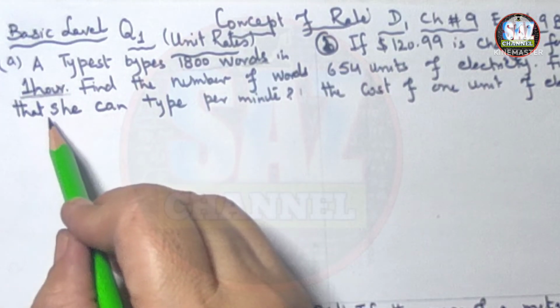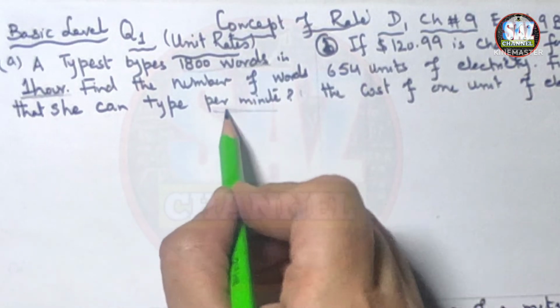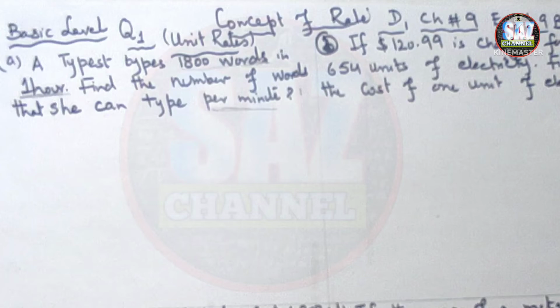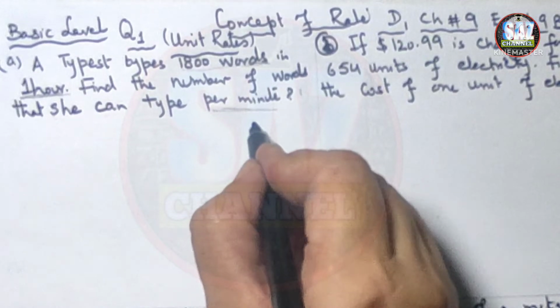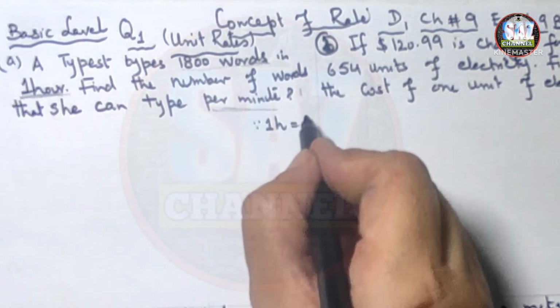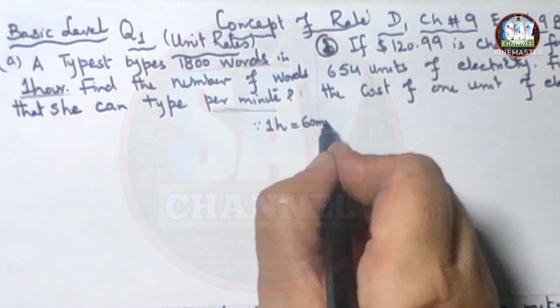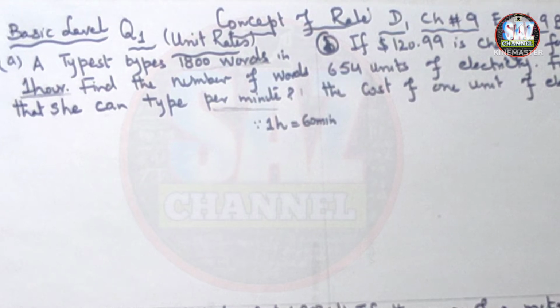For this purpose we should know the conversion rules of length, time and weight as well, because 1 hour equals, students, how many minutes? 60 minutes. So let's begin the solution. Before going to the question, you have to read, understand and underline important terms of the question and think about necessary changes and requirements of the question.